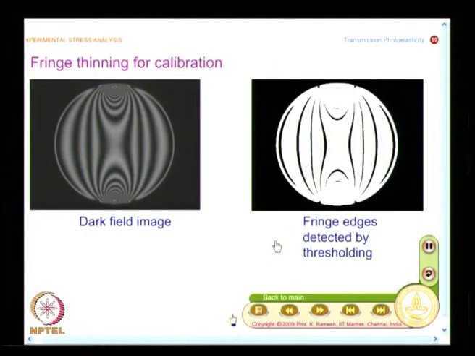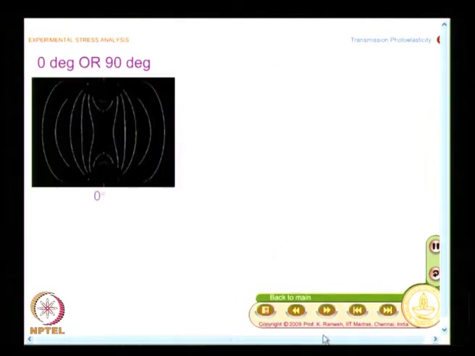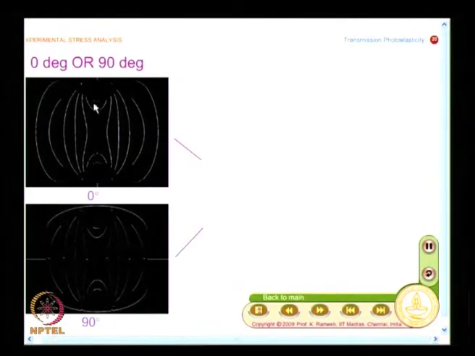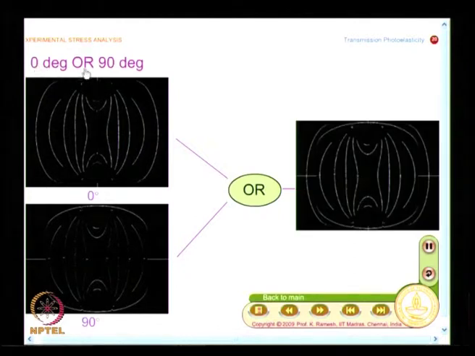So, what you will find is in one of the scans, the horizontal scan will pick out more points, and the vertical scan will pick out only some points. That is the kind of information that you will have, and we will see that. So, I have these 2 scans done, 0 degree scan and 90 degree scan, and I will enlarge this picture.